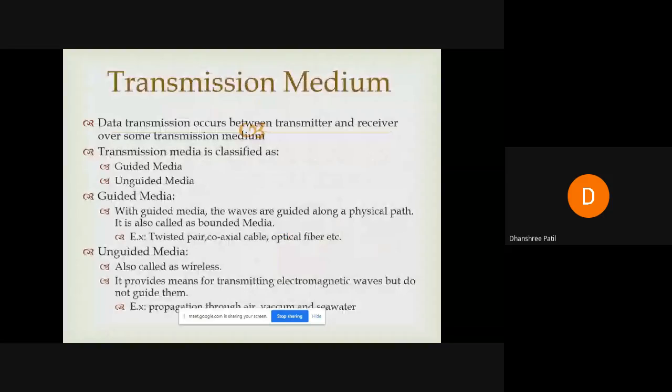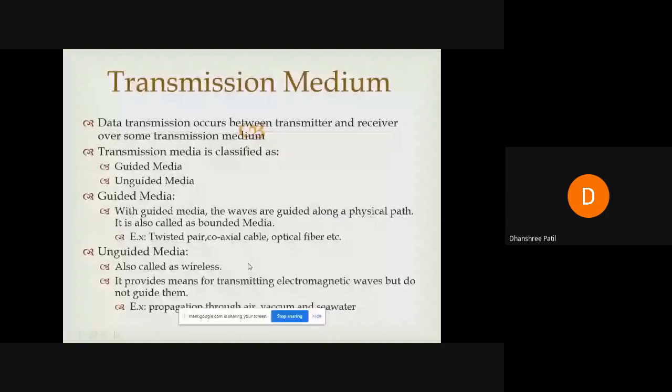Then we have seen the concept of the transmission medium, meaning the medium through which we are sending the data. It can be guided or unguided transmission media. Guided means the path of sending data is fixed, so data is sent through the decided path only. Unguided means the path of sending data is not fixed; data can decide its own path.